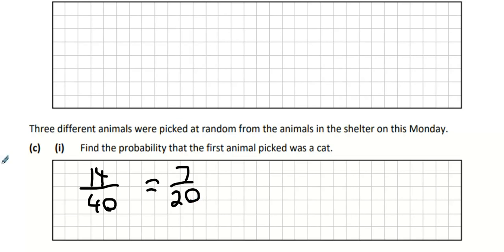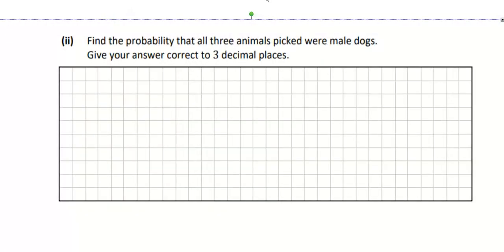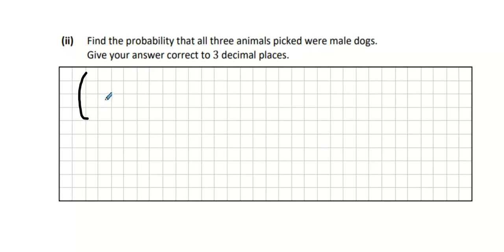Part two. Find the probability that all three animals picked were male dogs. How many animals were male dogs out of 40 animals? If you pick one animal, how many animals are left behind? 39.